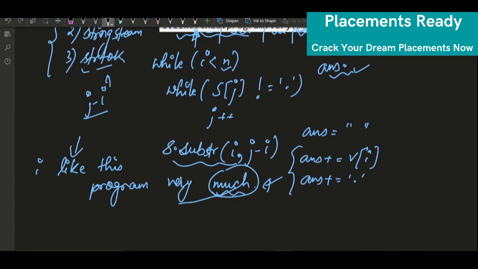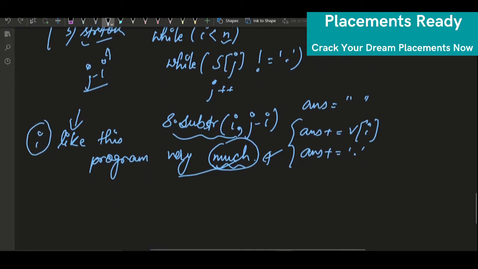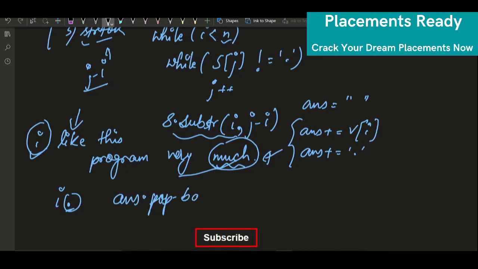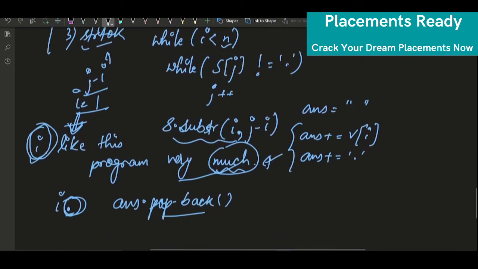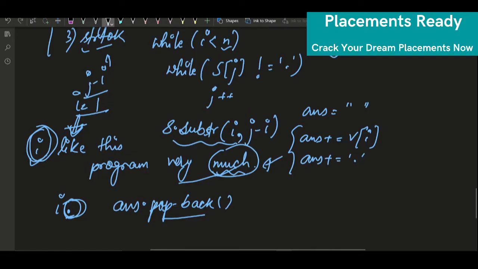Now you have to iterate till the first element, or you can iterate for the whole vector as well, but the problem is that at the end you will have an extra dot. So you can remove this dot using answer.pop_back, which will delete the last dot. Or else you can iterate till i equal to 1, and add the first word separately. I hope this logic and explanation is clear to you.